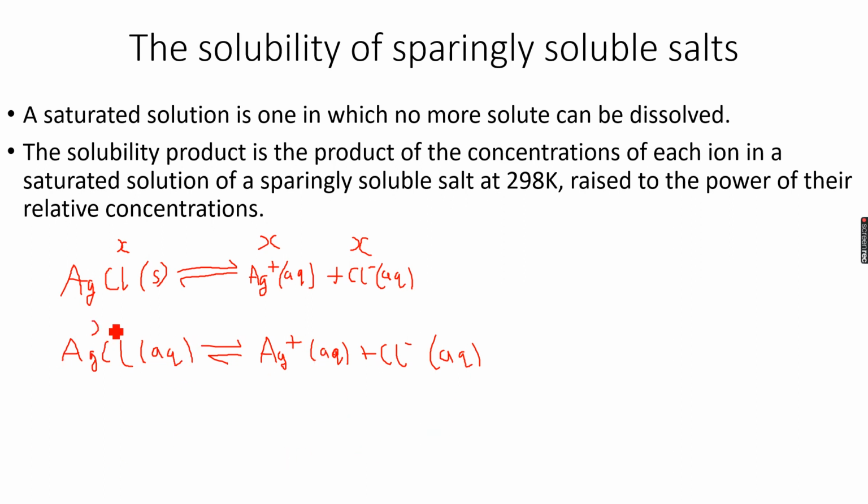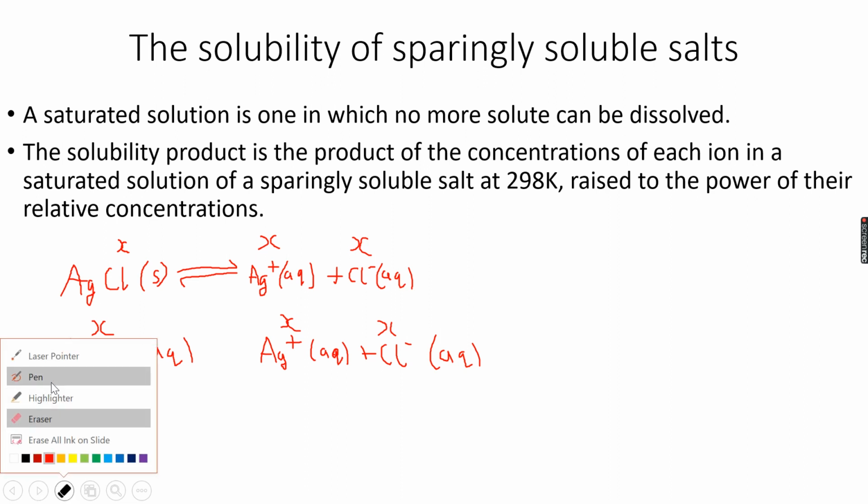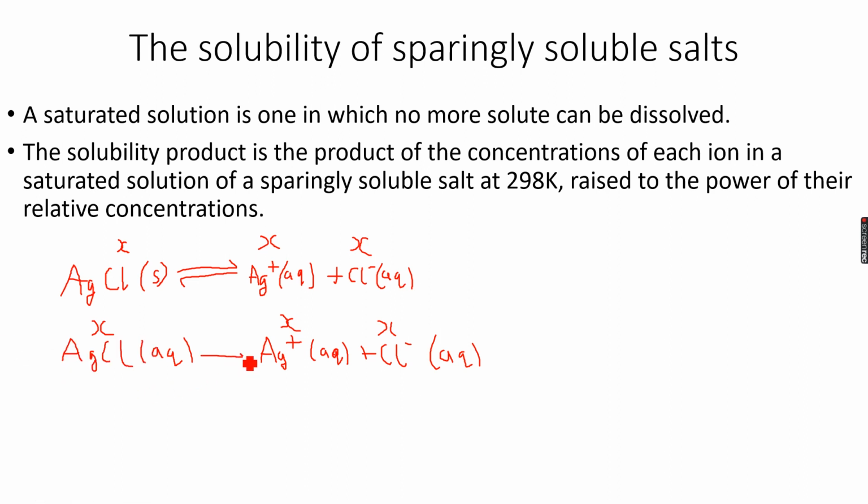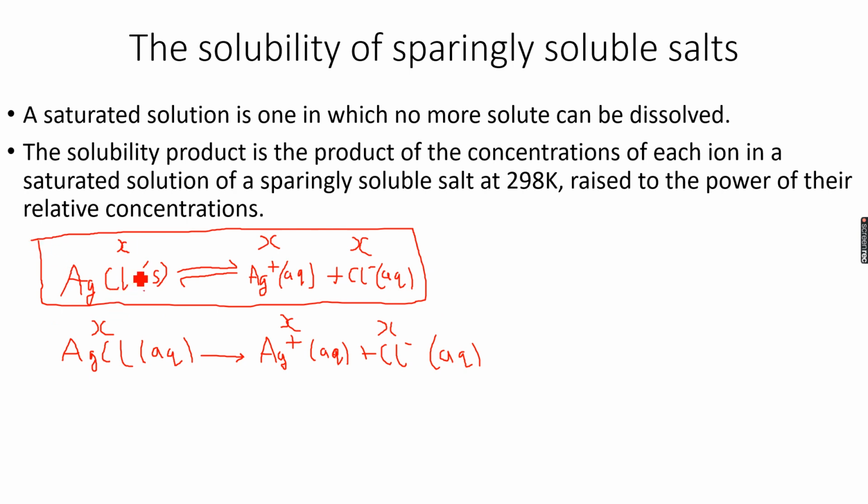So if this concentration is X, this will also be X and this will also be X, because this is basically the amount that is dissolving. Let me make this correct. Actually the reaction that takes place is this, but when I add a lot of AgCl, only X amount of the solid will dissolve to give X of this and X of this.